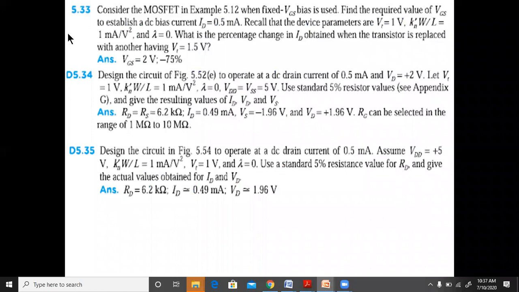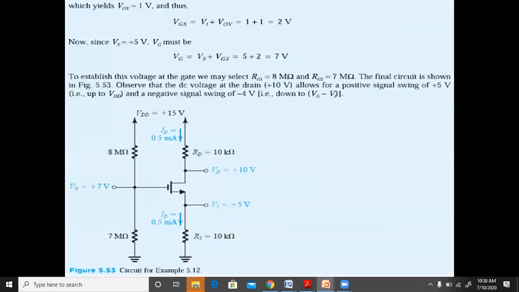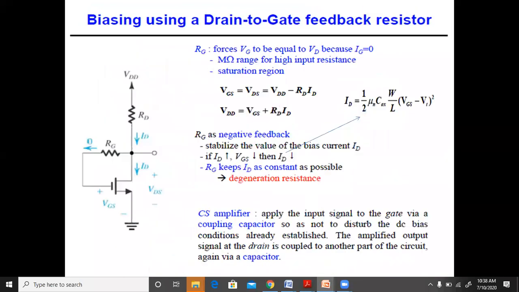Once VGS is found, the next thing is, if VT is changed to 1.5 volts, what is the percentage change in the ID? For the new value of ID, we substitute in the earlier expression.